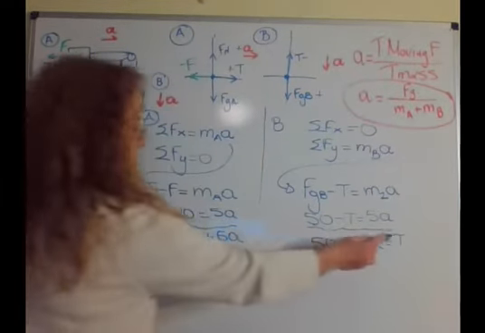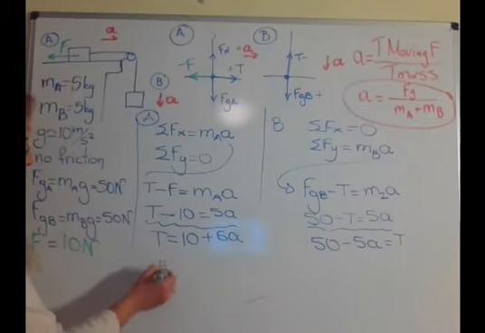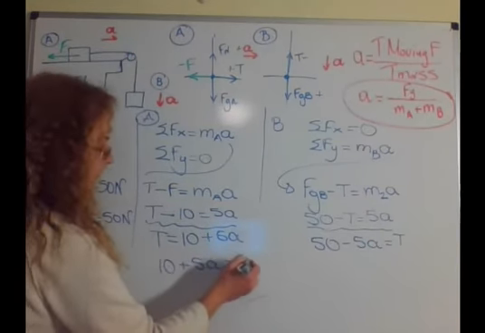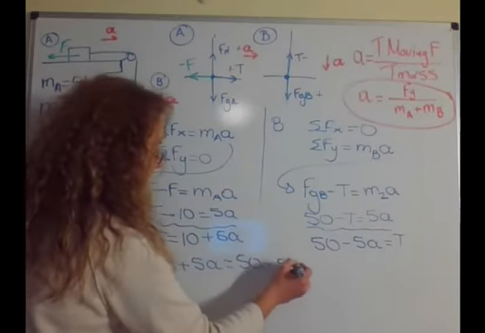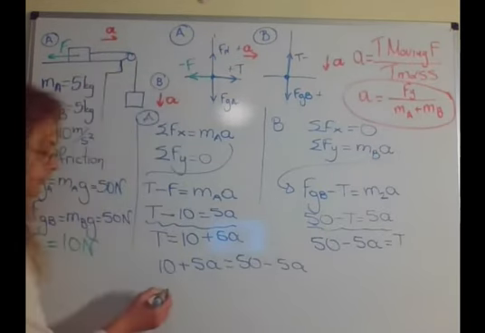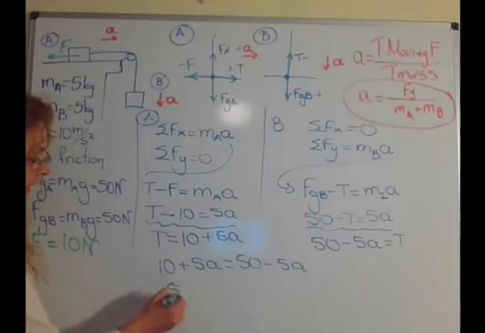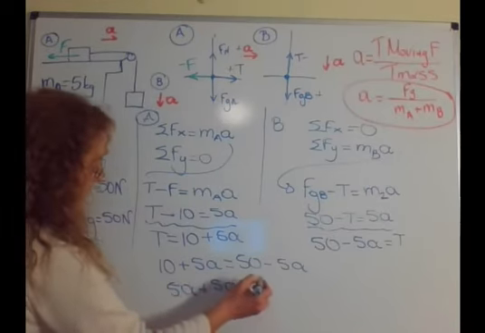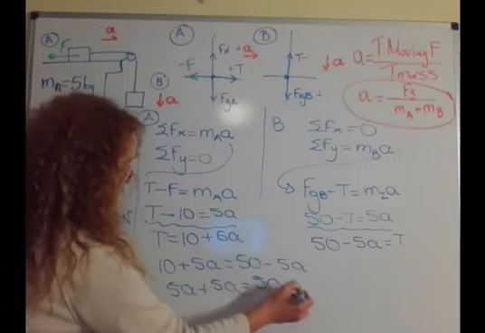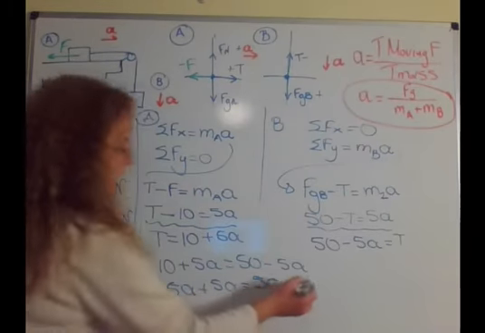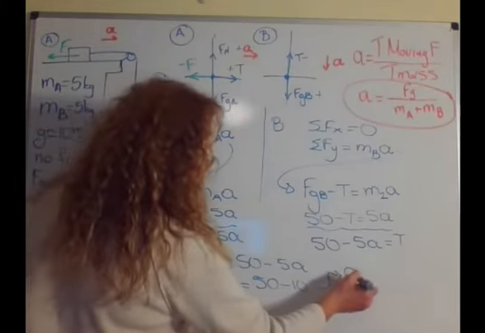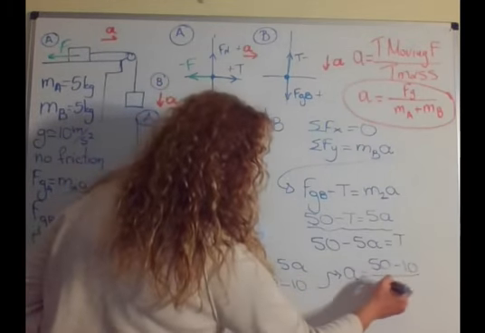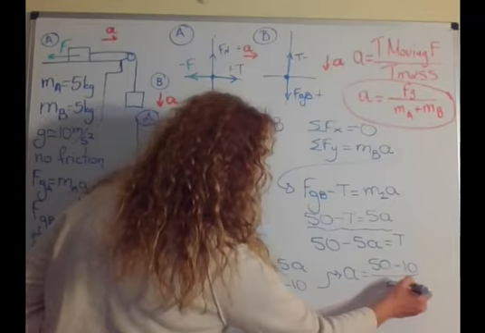So as the tensions are equal, that means that 10 plus 5a should equal 50 minus 5a, or else 5a plus 5a equals 50 minus 10, or else the acceleration will be 50 minus 10 over 5 plus 5.